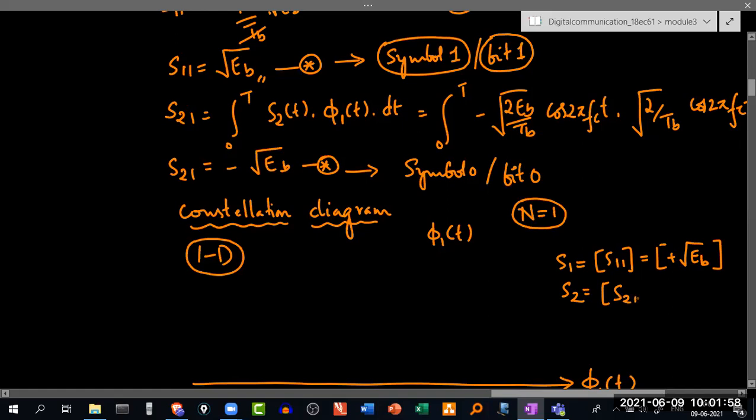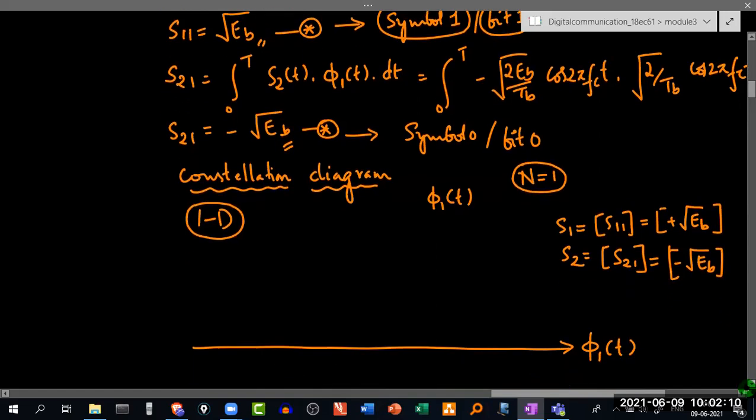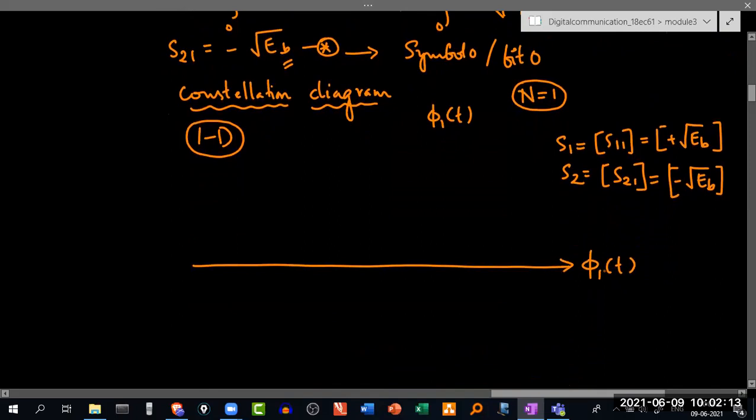Here it corresponds to coefficient value S21, which is equal to minus square root of EB, and when I plot it on phi 1 of t, for signal S1, if I consider 0 as my reference point, I'll be plotting signal S1 at plus square root of EB.